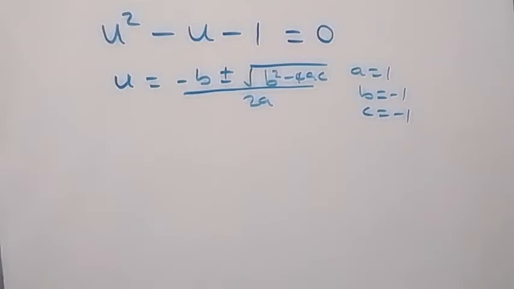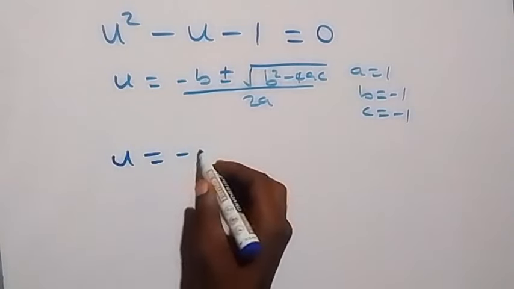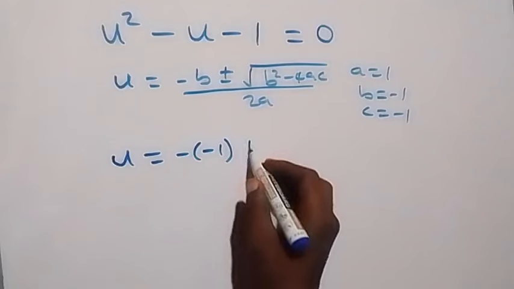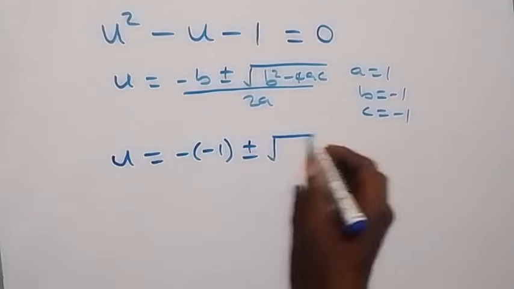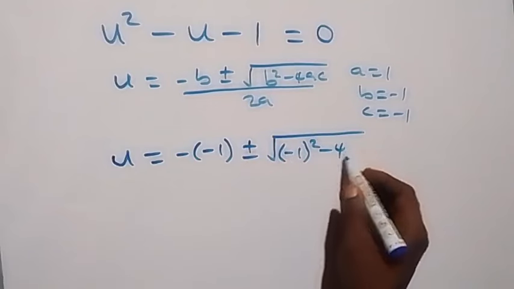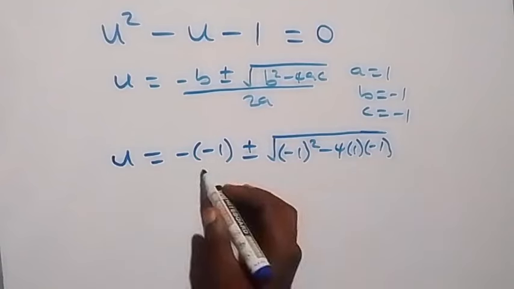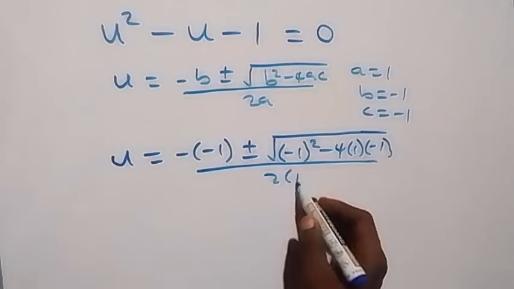So when we solve this, it becomes u equals minus of minus 1 plus or minus square root of minus 1 square, then minus 4 times 1 times minus 1, over 2 times 1.